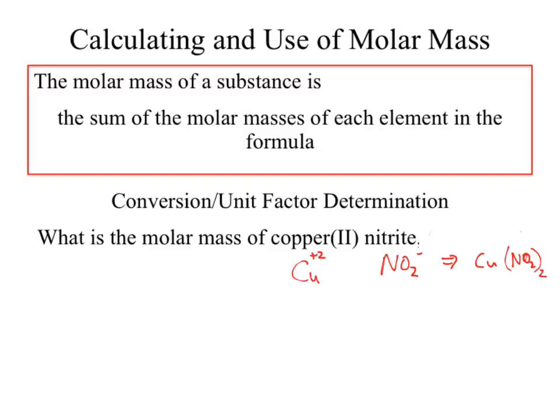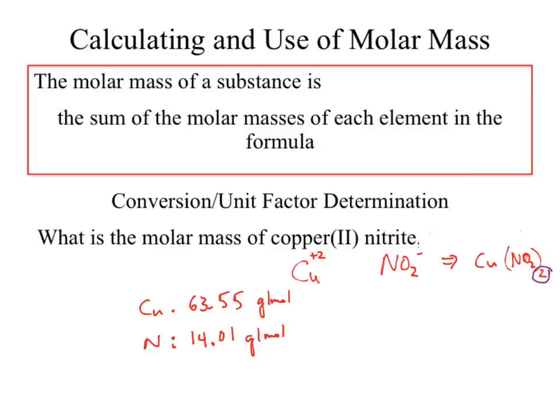Which then means when we go to figure out our molar mass, we look at the mass of copper, which is 63.55. Nitrogen is 14.01, stupid sig figs. How many nitrogens are there? There's 2.